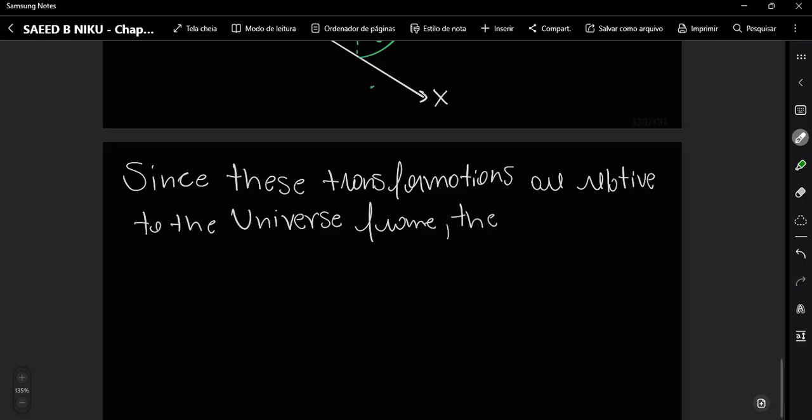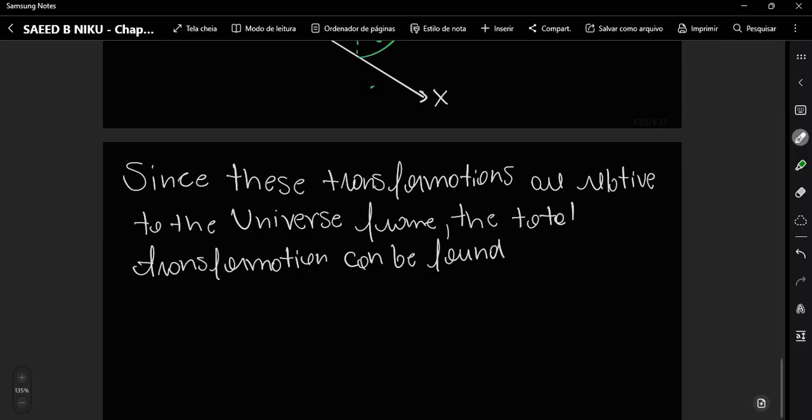The total transformation can be found by pre-multiplying by each matrix.